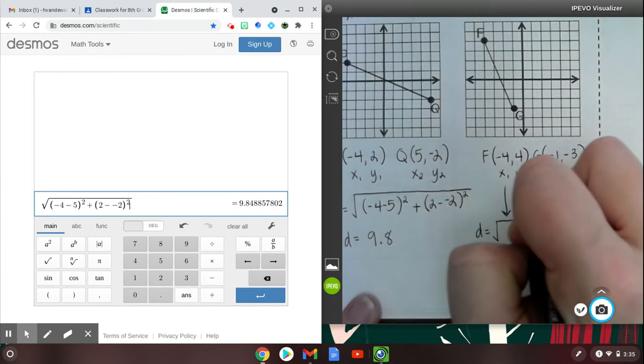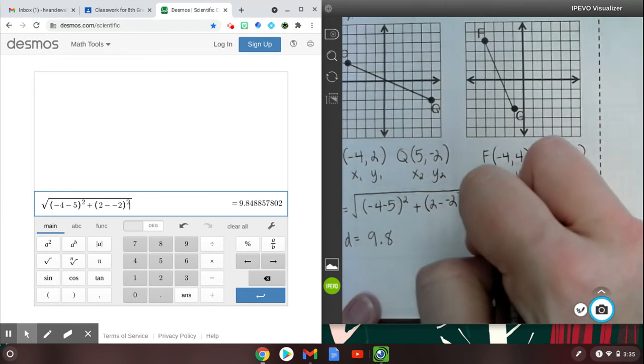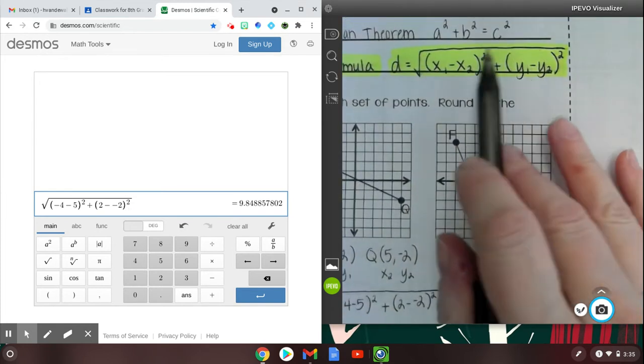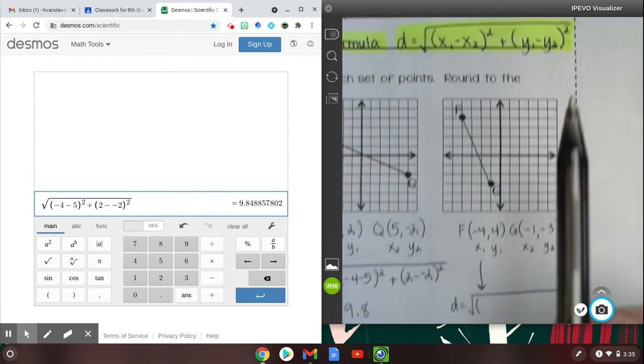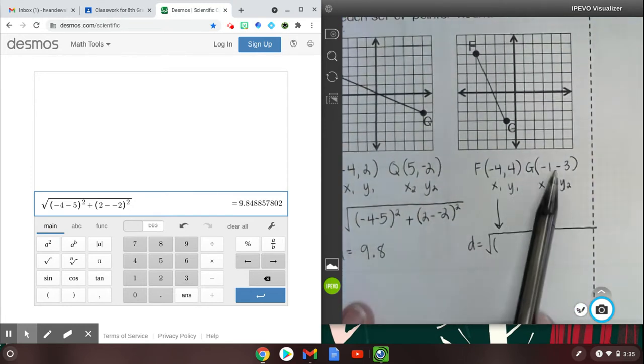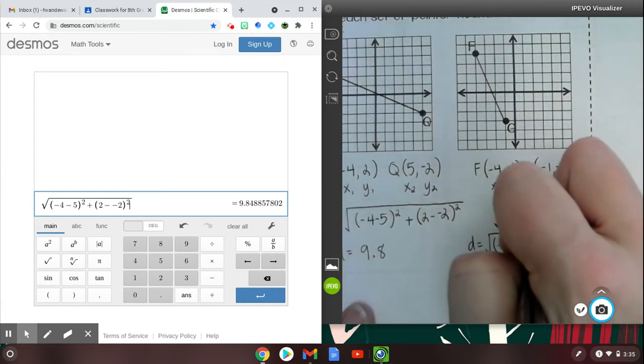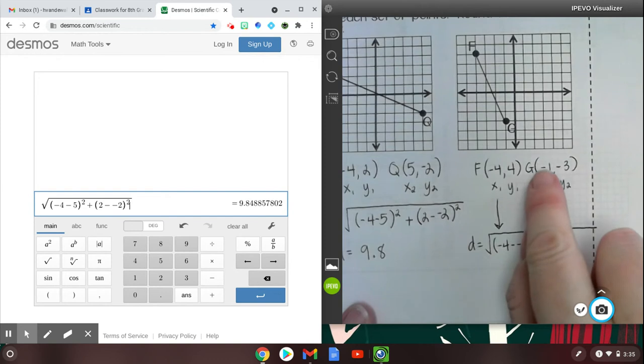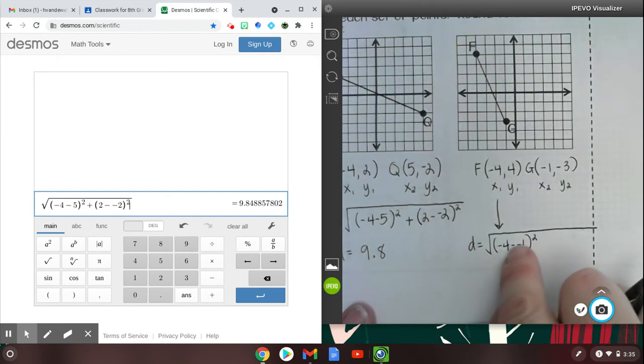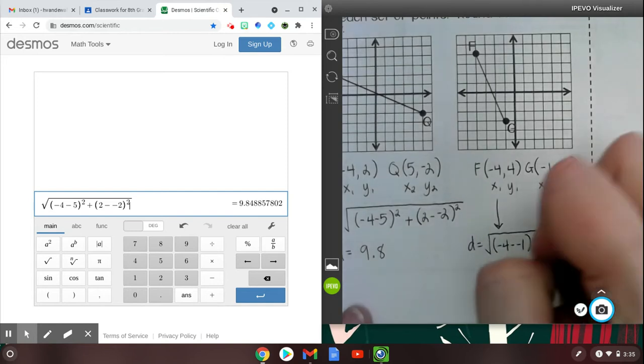Okay, so big square root bar. I'm going to start in the parentheses again, x1 minus x2 squared. So here's my x1 and my x2. So -4 minus a -1. Be careful when the second number is negative. A lot of times it gets messed up because you forget to write minus a -1.